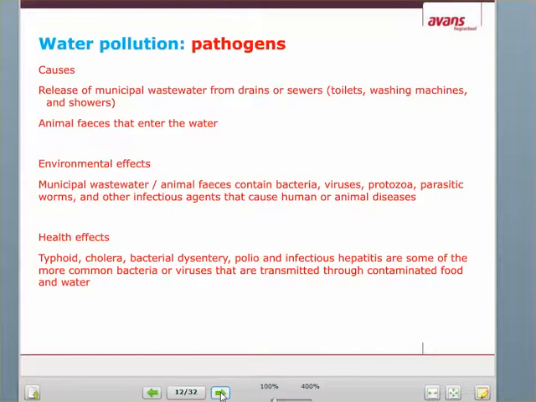So yeah, the pathogens are almost directly related to the release of wastewater from drains and sewers, and also animal feces, which is very common in the Netherlands. All these pretty cows you see in the fields, they all release manure into the fields, and then it rains, and that goes directly into the water supply.